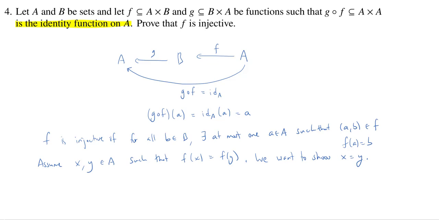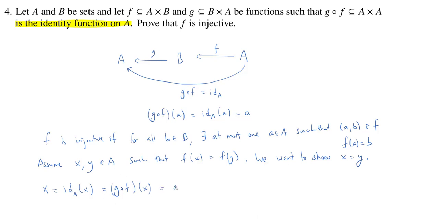Okay, well, what are we going to do? Well, we know F of X is equal to F of Y. We also, though, know that if I compose G with F, I get the identity map. So let's start with X. I know that X is what I get if I apply the identity map to X. Okay, but the identity map is the same thing as applying G composed F to X. Okay, well, what does it mean to apply G composed F to X?